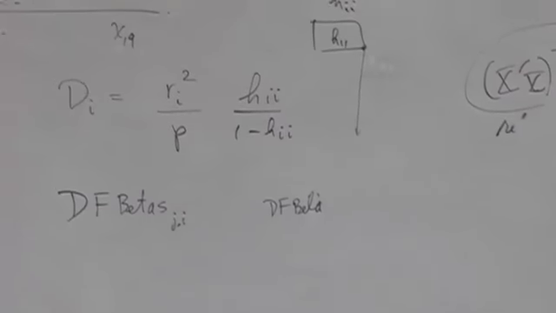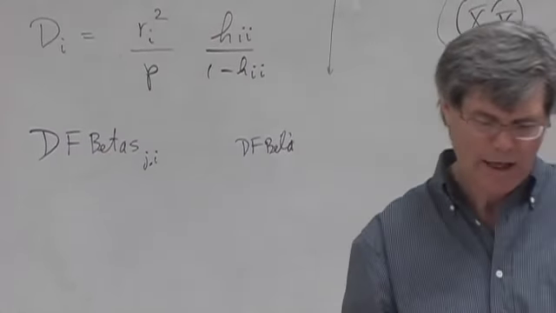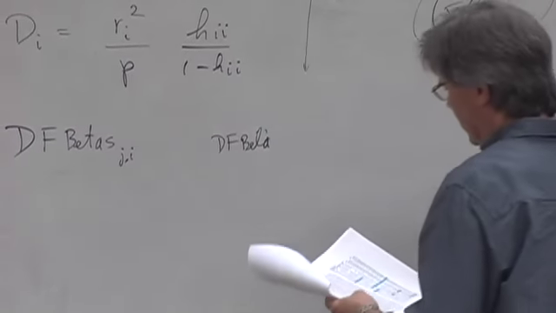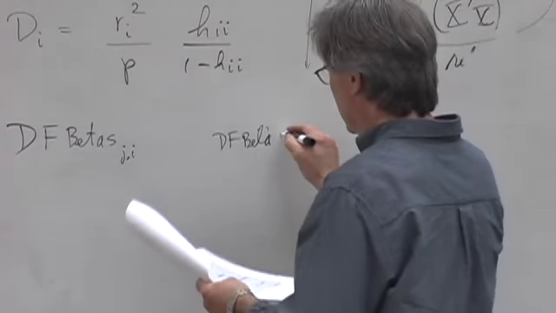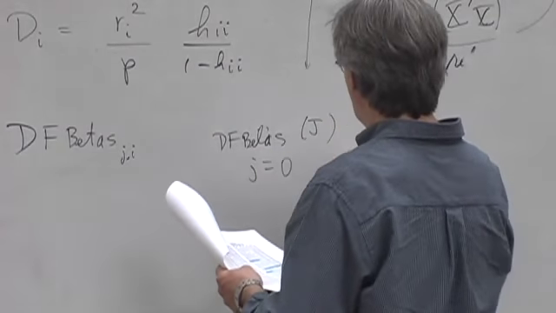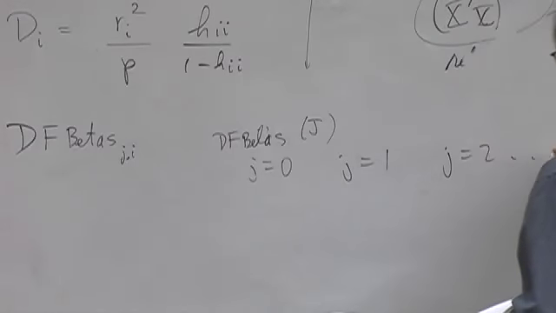Here it is. It was the wine data. I had DFBETA of j, with j equals 0 for the intercept, j equals 1, j equals 2, and so on. You'll have to do up to j equals 9.